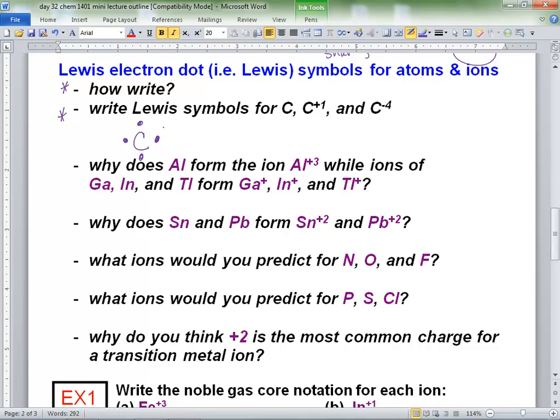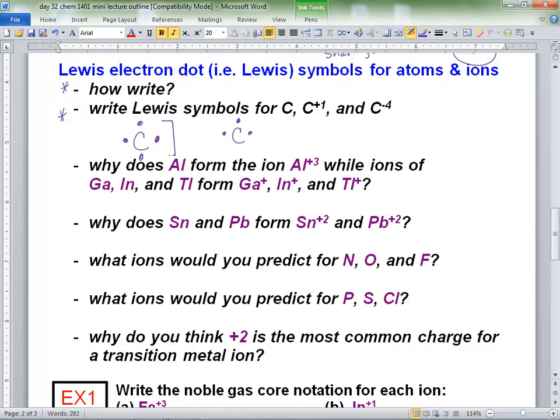C+1, Tegan. How would you write the electron configuration for C+1? Sorry, the Lewis symbol for C+1. She says a C with 3 dots. Do you agree? Yeah, because it has 1 less than it's supposed to. It's supposed to have 4.